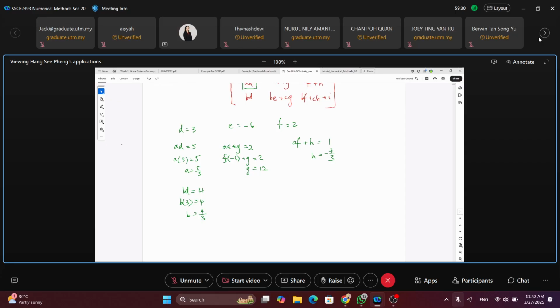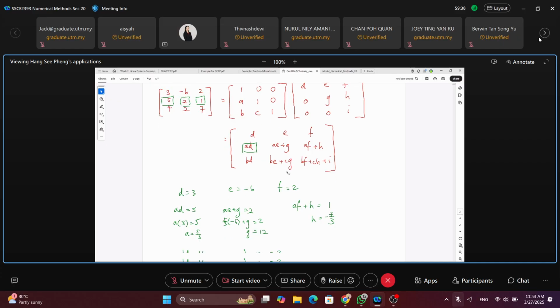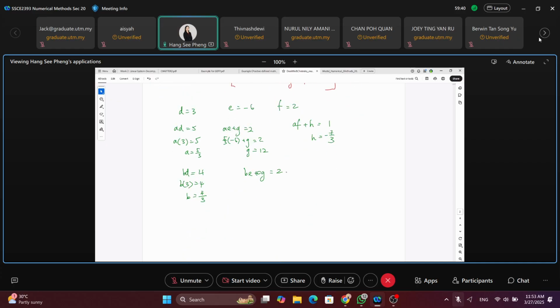Next, BE plus CG equals 2. B we know. E, do we know E? Yes, minus 6. How about C? C we don't know. G, 12. Okay, solve for the C.